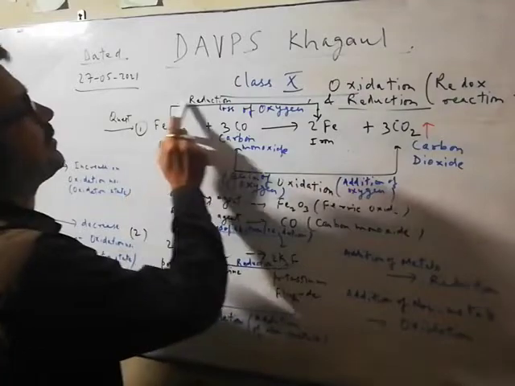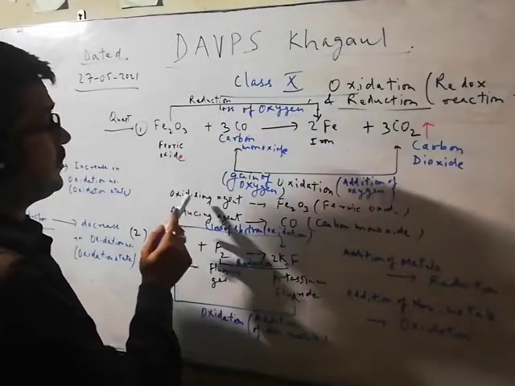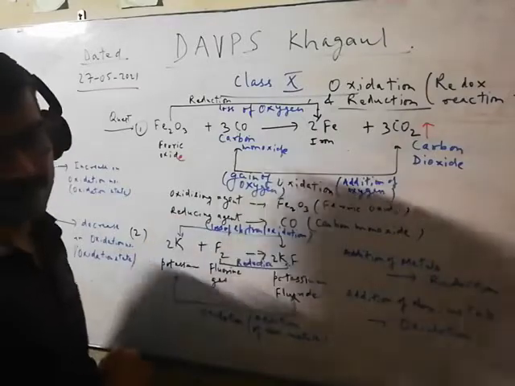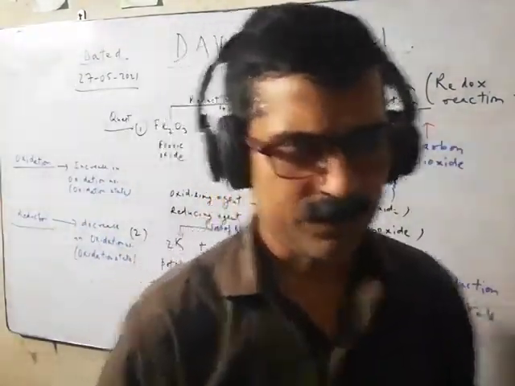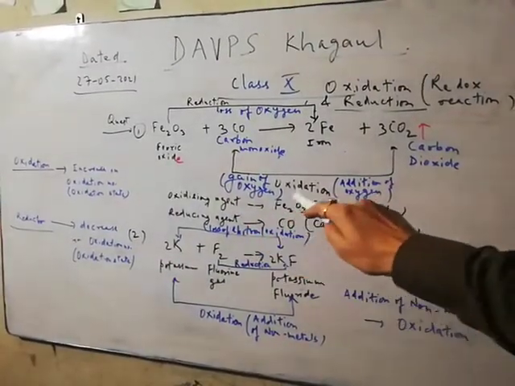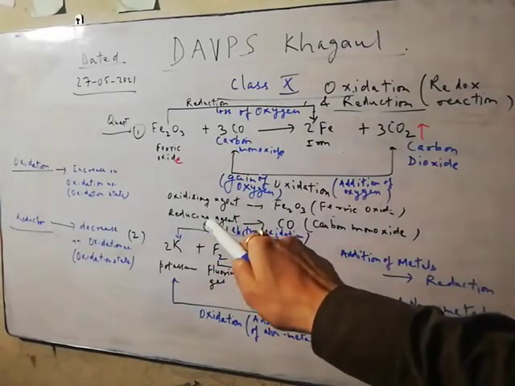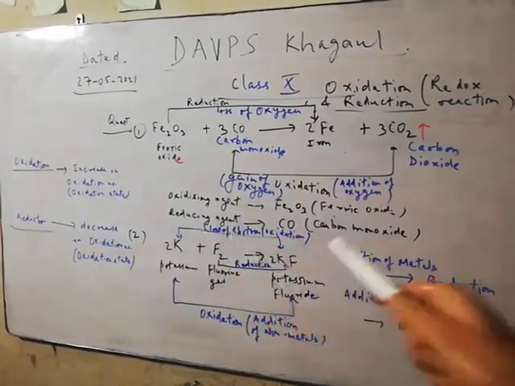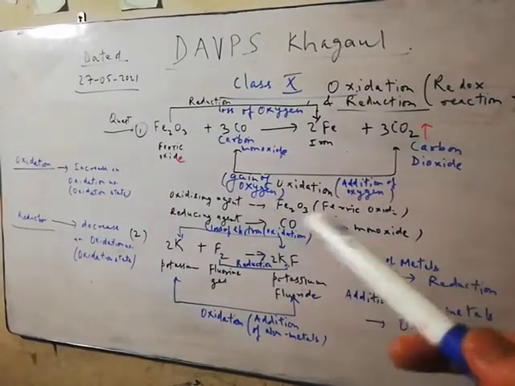Ferric oxide is being reduced, so ferric oxide is the oxidizing agent. That is very clear. An oxidizing agent means that chemical compound which is undergoing reduction.